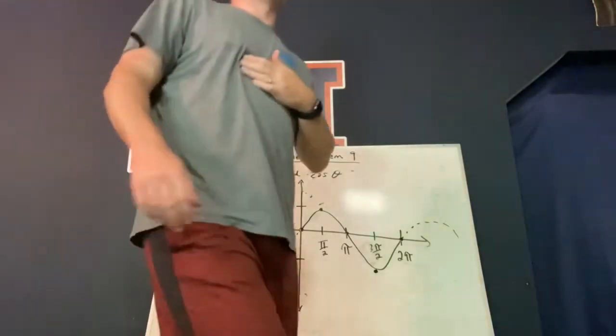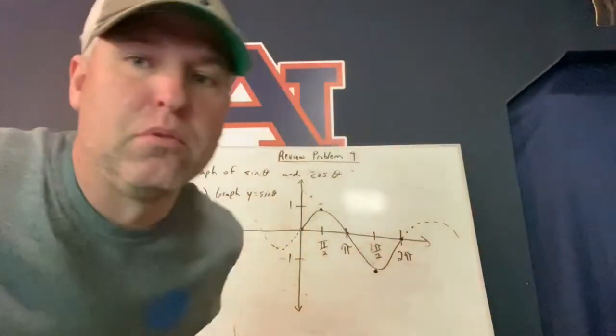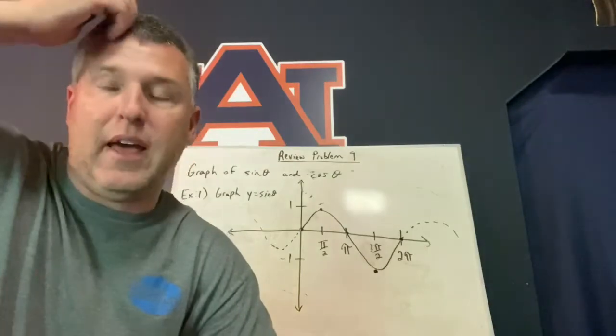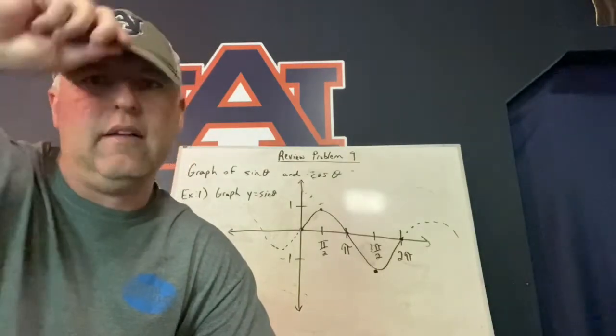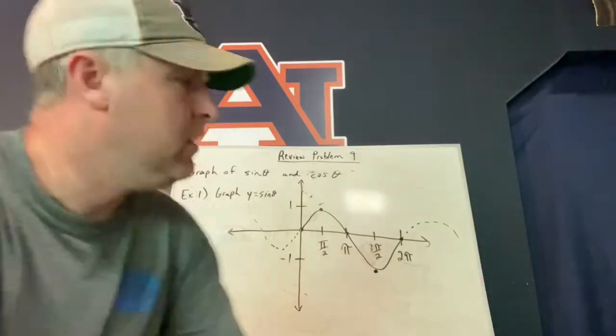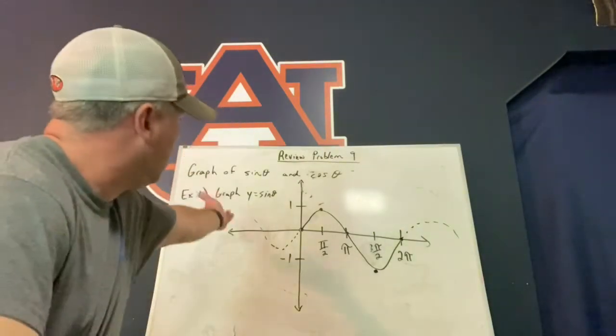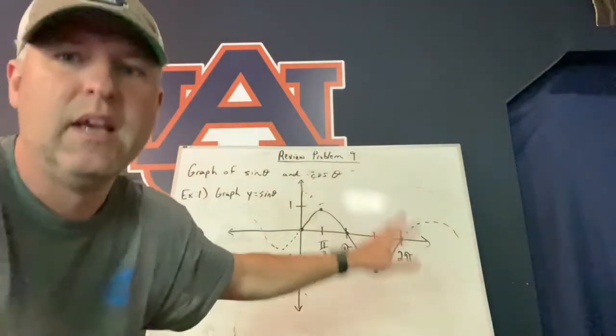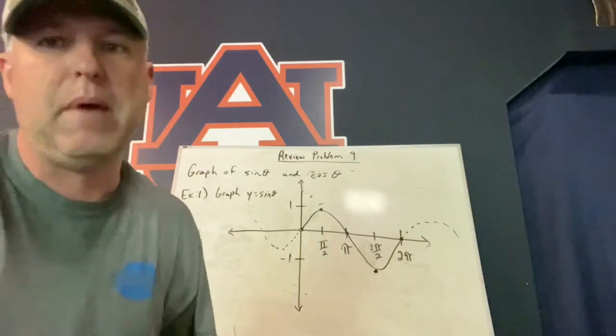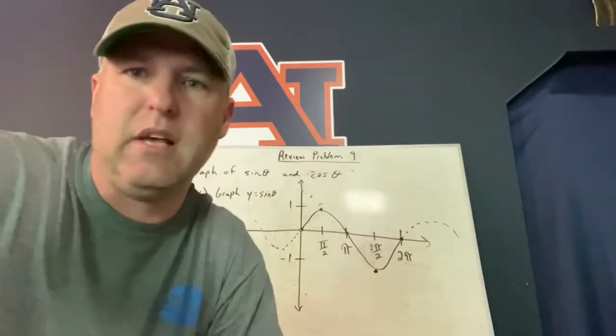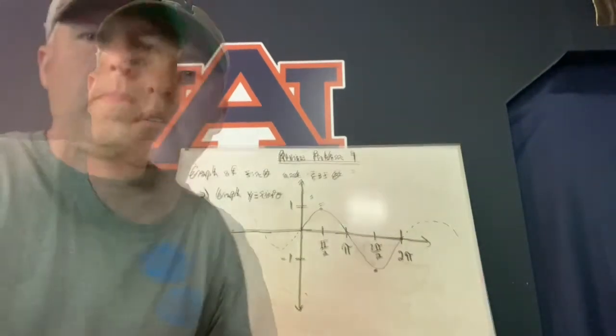I'll talk to you on example 3 of how that changes the problem. So anyways, for this problem, this is what it always looks like, and this is how you look at it. We'll look at example 2, which is going to be cosine theta.